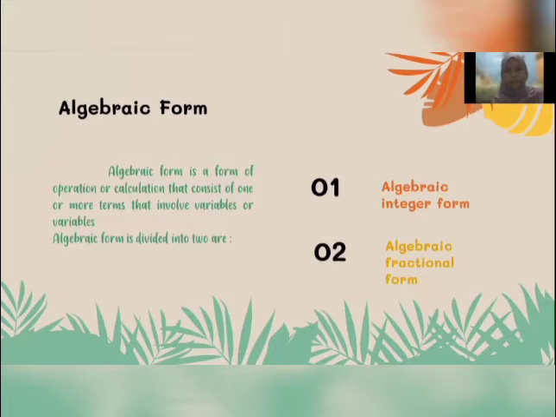Algebraic form. Algebraic form is a form of operation or calculation that consists of one or more terms that involve a variable or variables. Algebraic form is divided into two: algebraic integer form and algebraic fractional form.